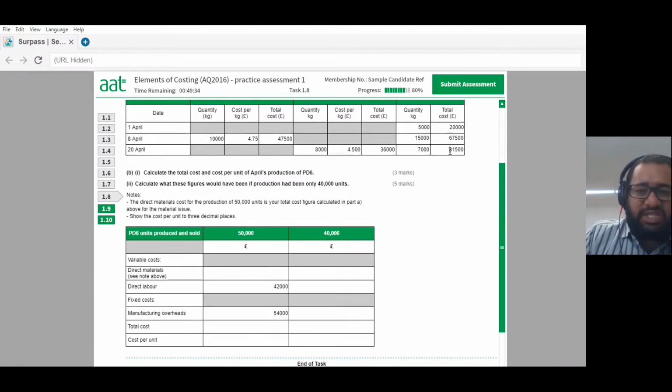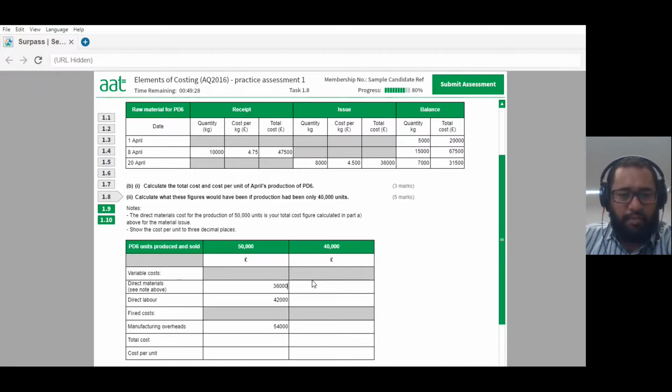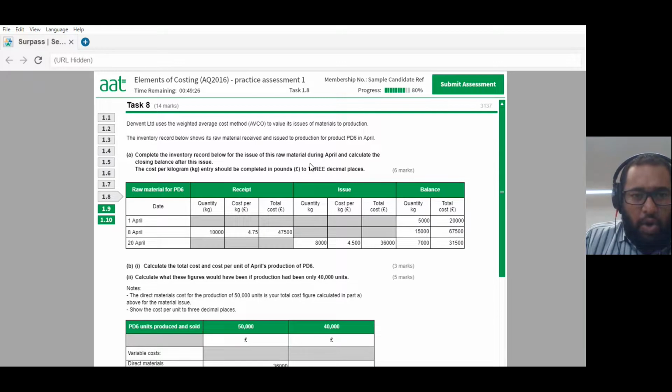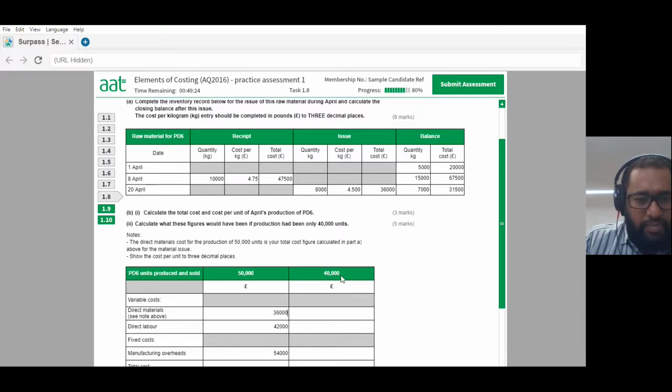Okay, so this cost here, 36,000, this is where we're going to be applying it, because according to this, we use that in 50,000 units. The direct material cost for production of 50,000 units is your total cost figure in part A. So on part A, this is what I have found.